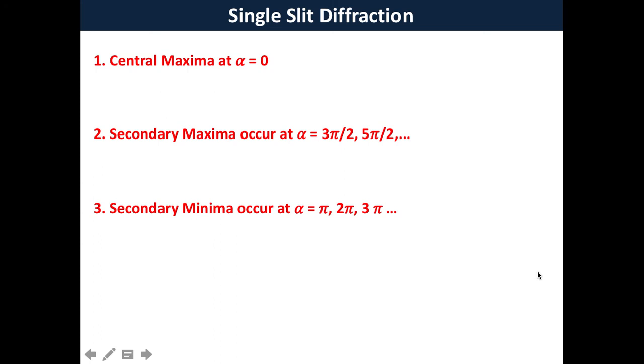Up to now we learned that the central maximum is at alpha equal to 0. Secondary maxima occur at alpha equal to 3 pi by 2, 5 pi by 2, 7 pi by 2. Secondary minima occur at alpha equal to pi, 2 pi, 3 pi, 4 pi, 5 pi, 6 pi, and so on. So the topic of intensity distribution of single slit diffraction is over.